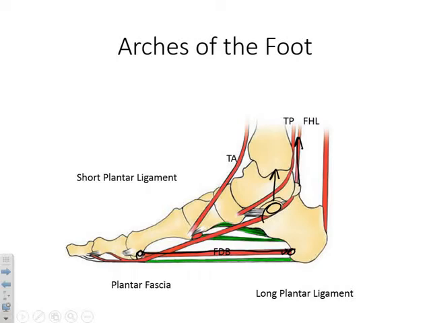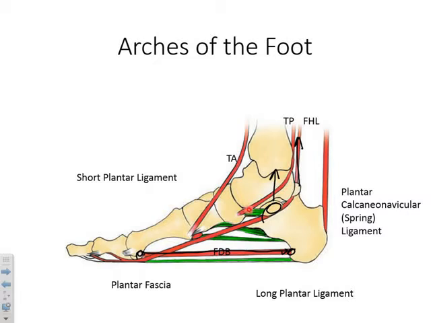this arch. Finally, we have a structure known as the plantar calcaneonavicular or spring ligament. This runs from the sustentaculum tali of the calcaneal bone to the tuberosity of the navicular bone. And if you look, just superior to this is the apex of the arch, which is formed by the head of the talus.